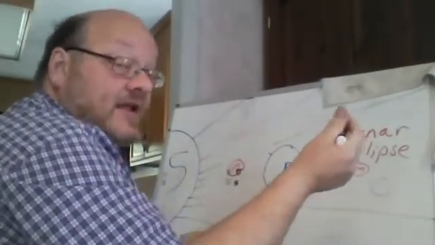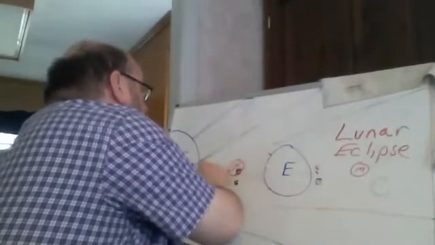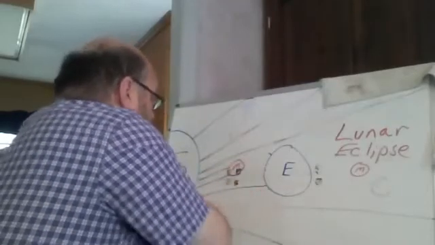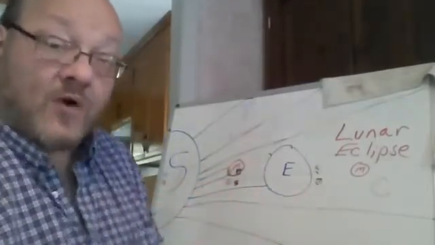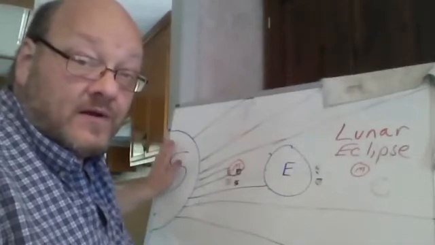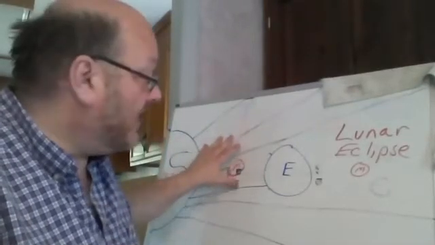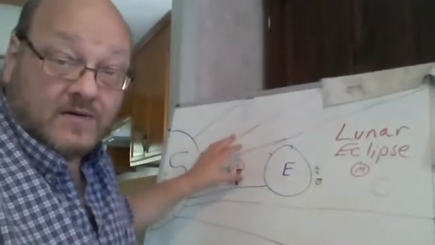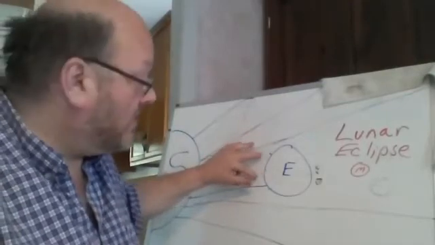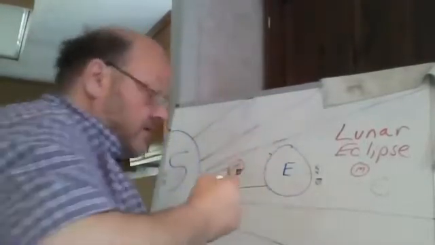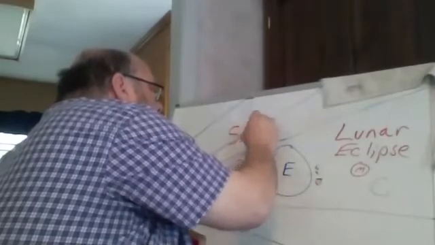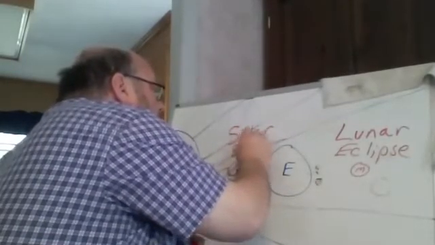Now you had the sun's light still going out, but now it's hitting the moon. So now we have a little shadow here. The sun shines on the moon, which is now in front of the Earth or in between, right? And this shadow is called, what we see is a solar eclipse.